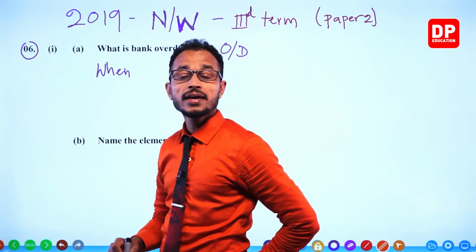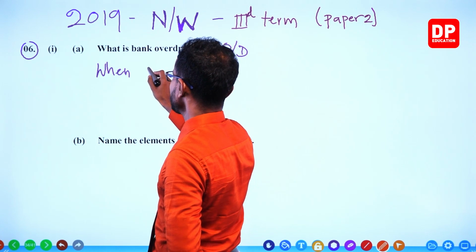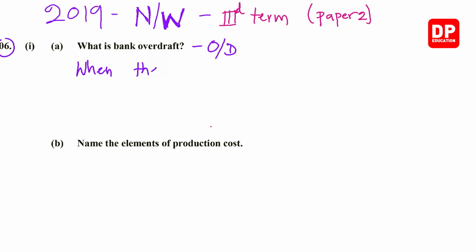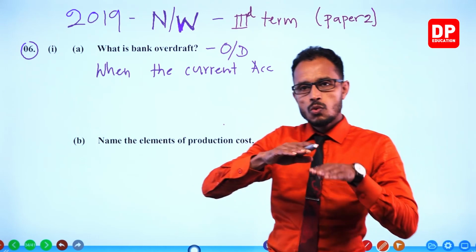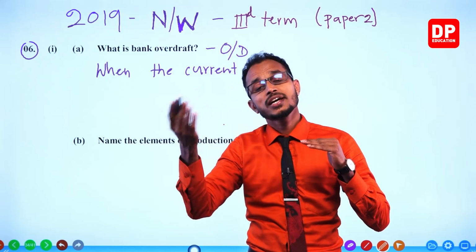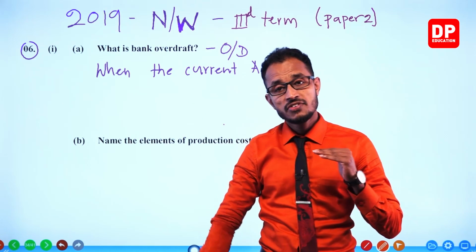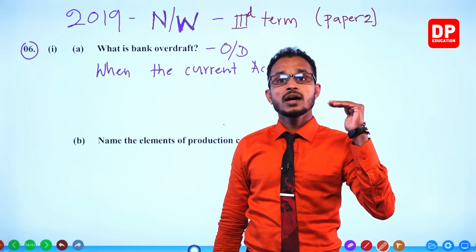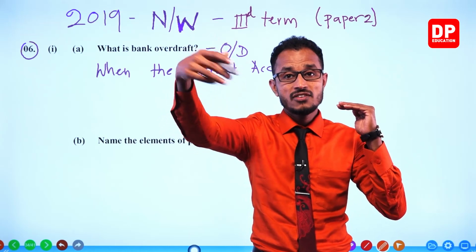An OD is a short-term loan given by a commercial bank to current account holders only. When the current account is overdrawn, that's how you say it. If the balance is 100,000 and you write a check to somebody for 150,000, that person will go to your bank and try to take 150,000 out of your account, but your account balance is only 100,000.